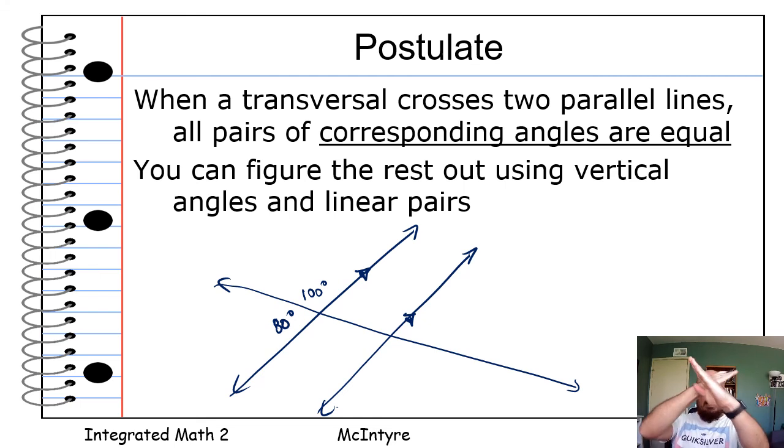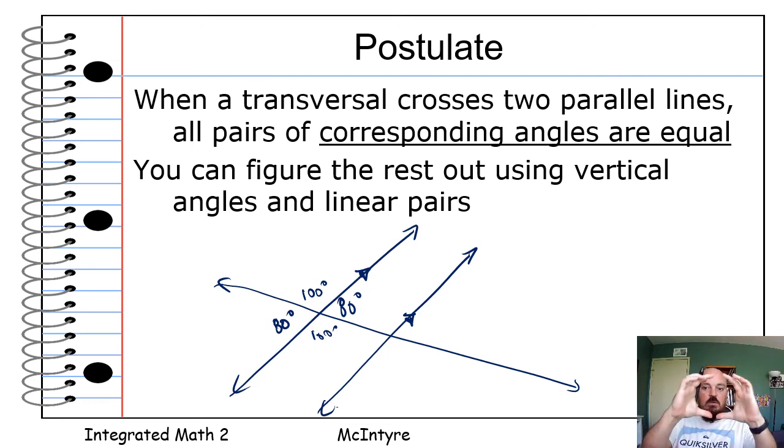So if you have two lines making an X, the one opposite is equal, and I can use those two. So I can say if this top angle is 100, so is that one, because that's a vertical angle. And if this angle over here on the left side is 80, so is the one on the right. So I really quickly and easily used vertical angles and linear pairs to find the other three angles in my one group of four.